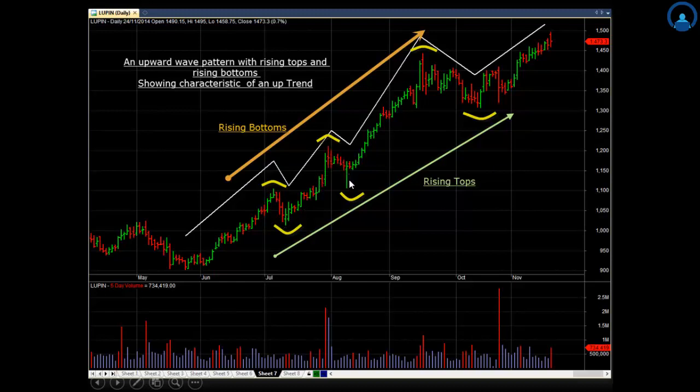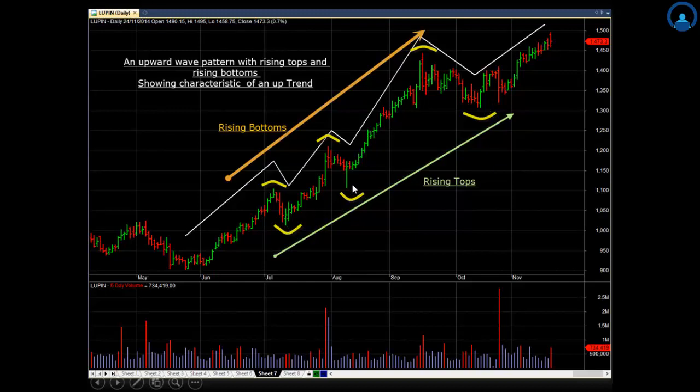Similarly, it went up, came down, and then took out its previous top, giving us a new top and new bottom. It continued to go, made a new high, came down, and then went ahead to take out its own top to reach 1500, thus giving us a new top and new bottom.